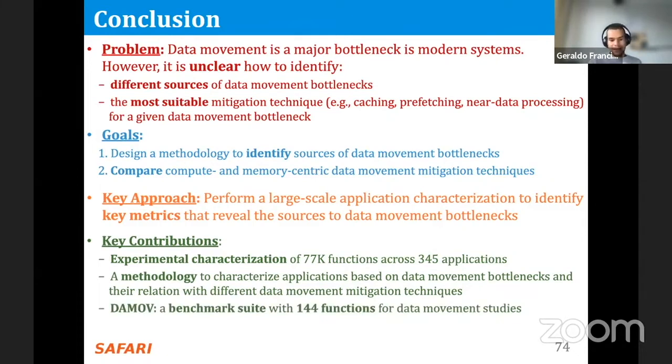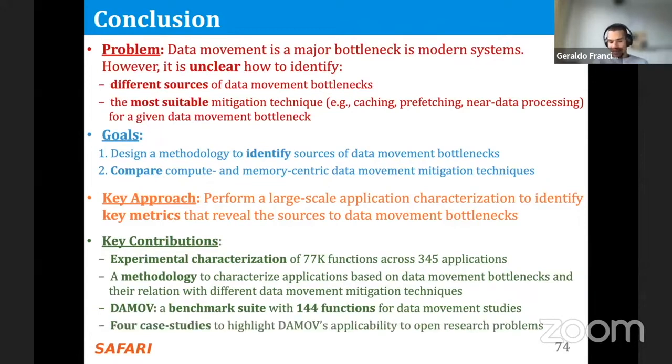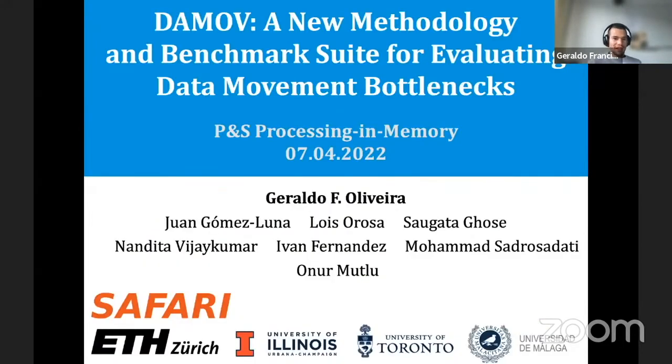We applied this methodology and we collected its results in a new benchmark suite called DAMove, which is a benchmark suite with 144 functions designed for the study of data movement bottlenecks. We developed 4 case studies to highlight how our benchmark suite can be applicable to open research problems in data processing. Again, DAMove is open source and you can get it on our GitHub. So thank you so much for listening, and I would be glad to take any questions if there are any.